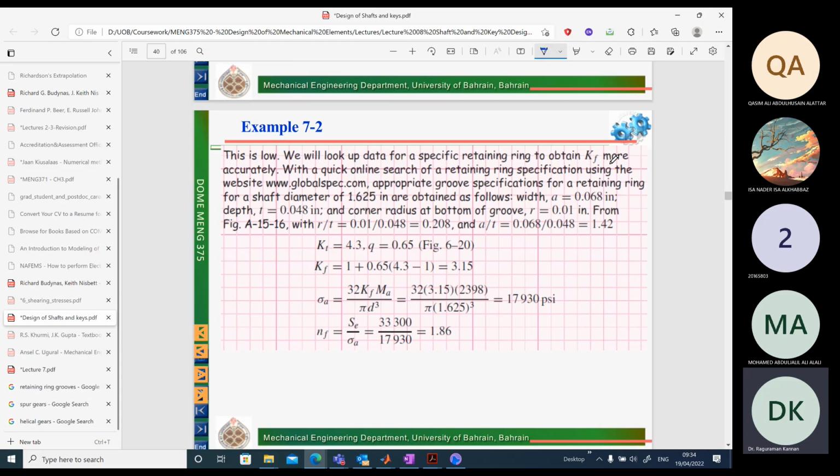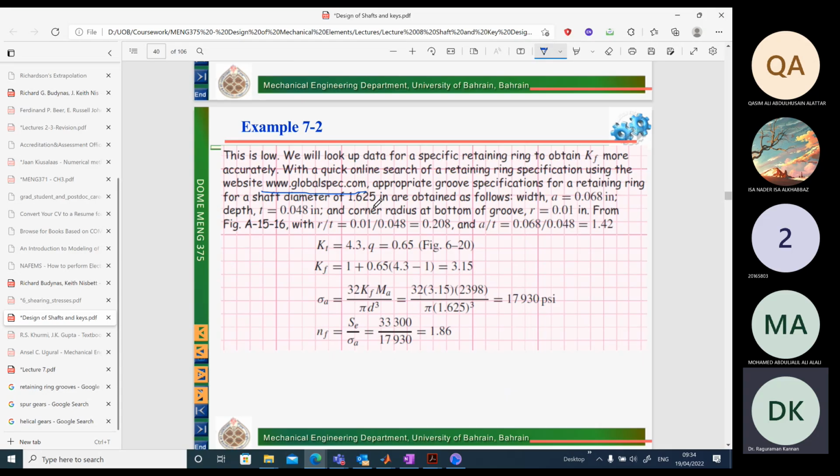So what we are going to do is consider the dimensions of the retaining ring groove. Let us assume that we can get it from this website. What are the dimensions of the retaining ring?